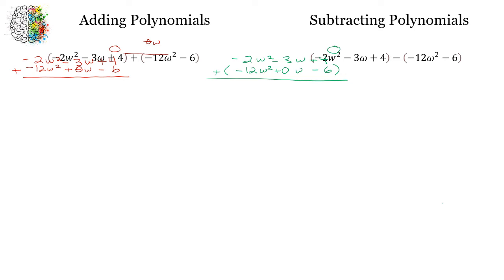You just want to make sure that you're matching up the like variables, and then you're going to do your addition. 4 plus negative 6 is a negative 2, negative 3 and 0, negative 2 and a negative 12. And this is going to be my final answer.